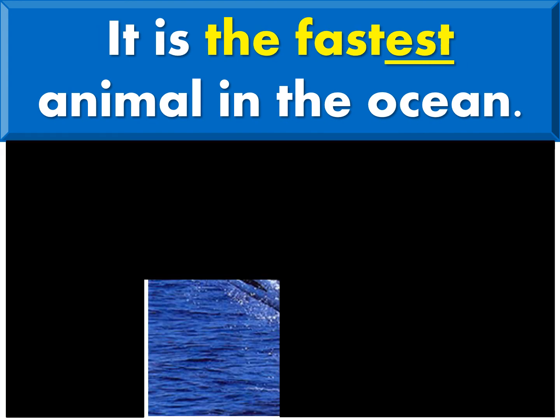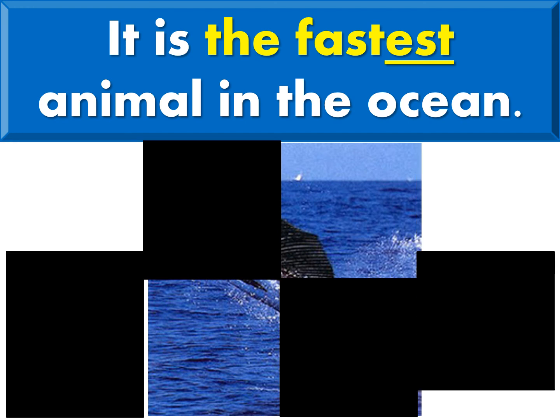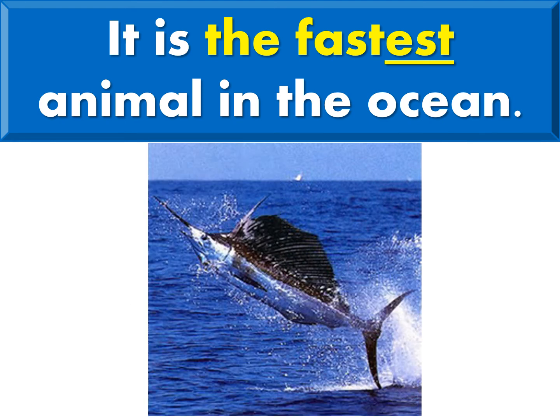How about this one? It is the fastest animal in the ocean. I'm not sure if you'll know this one. It's a tricky one. That is a sailfish, not a sailboat. It's a sailfish. And it is the fastest animal in the ocean.